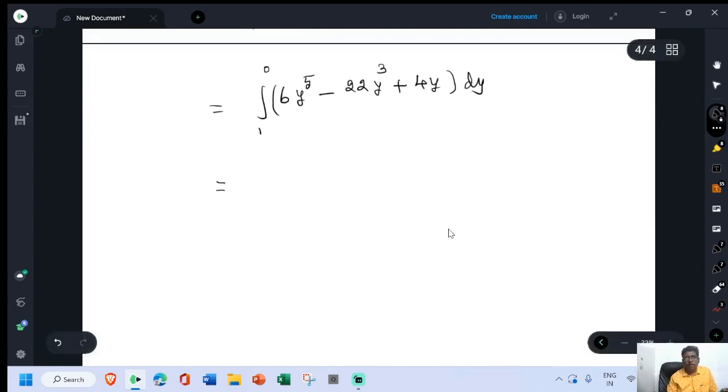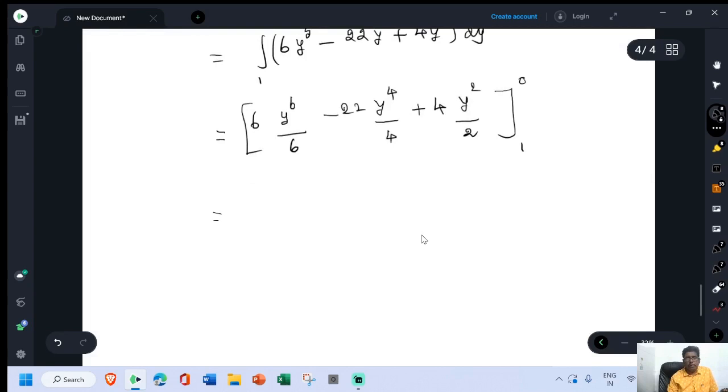Now integrate this. 6 into y power 6 by 6 minus 22 into y power 4 by 4 plus 4 y square by 2. Now we should apply the limit 1 to 0.